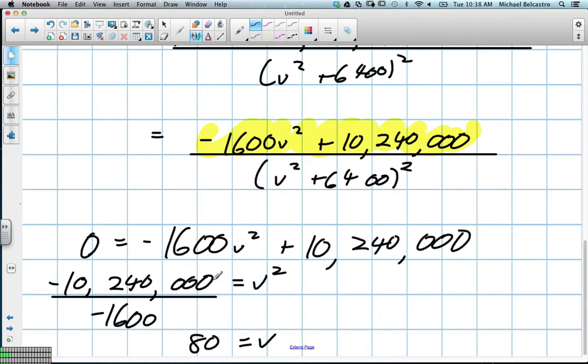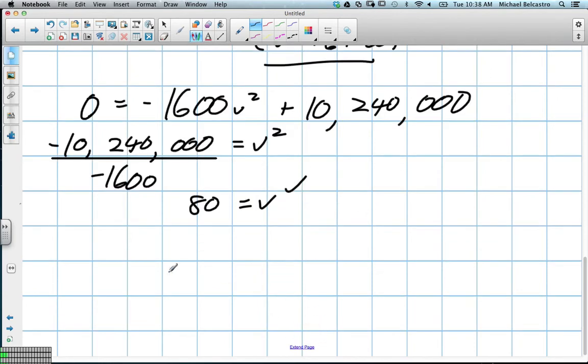Okay. 80, okay, and if we plug it into the bottom, we know 80 squared will give a positive value. Therefore, we can't get a value of 0 on the bottom of this rational function, so 80 works out perfect. Okay, so our speed values are 0 kilometers an hour, 80 kilometers an hour, and 100 kilometers an hour.